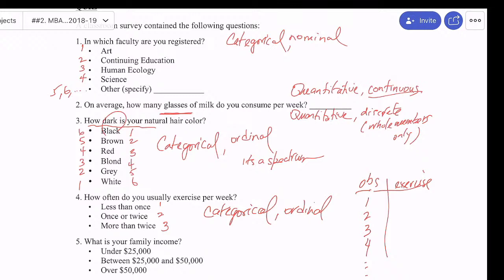So this person says they exercise less than once, this person says once or twice, this person says once or twice, this person says once or twice, and this person says 3 times. Let's say there's more data, maybe. Now looking at this data, let's say we just look at the first 5 people, and we just average these numbers. I think the average would just be around 2. Let me double check.